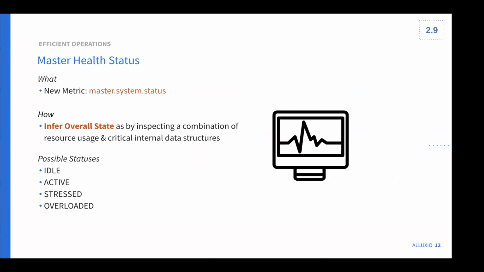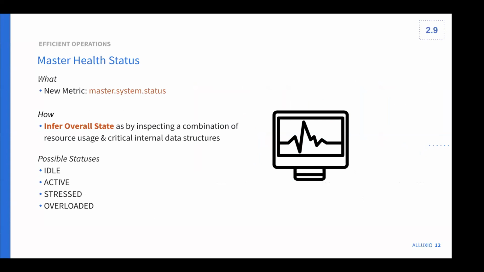So the final feature to highlight in this release is a nifty little feature, but it should be highly useful based on the feedback that we've received. And it's a new metric that we call master system status.